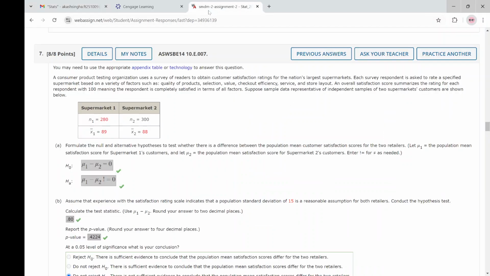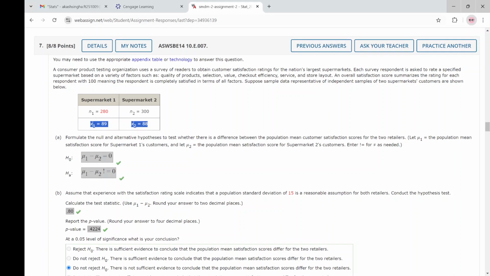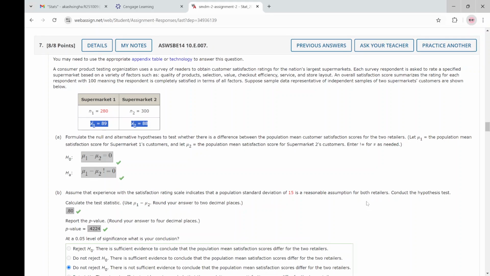Okay, so here it is said that x1 bar and x2 bar are given, and the hypothesis testing is for whether they are the same or not, and the alternative is they are not equal to 0. Now for this scenario, we have to conduct the hypothesis test with the population standard deviation 15 for both cases.